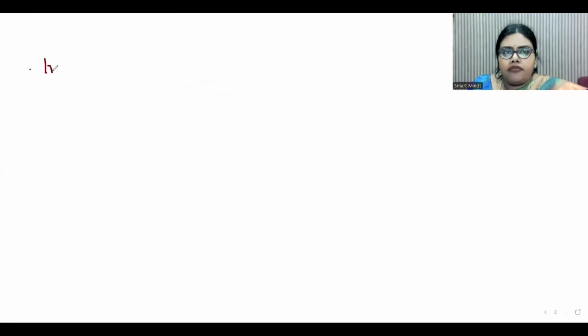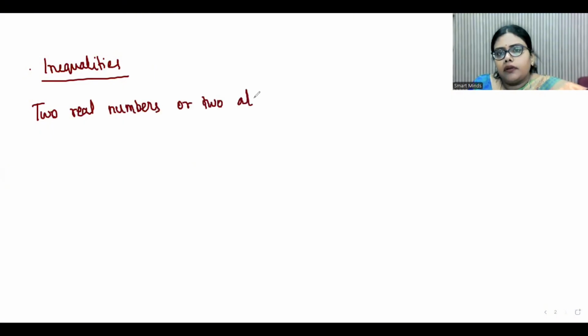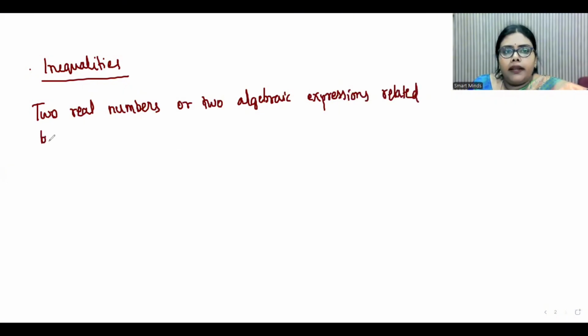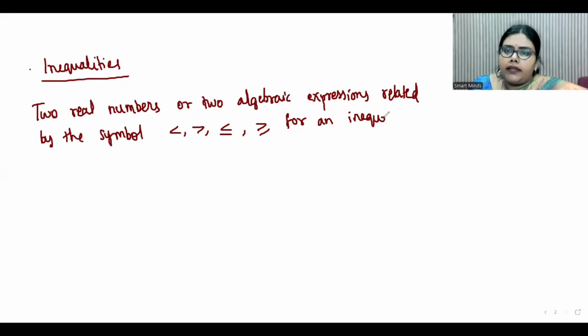So let me give you the definition for inequalities. Two real numbers or two algebraic expressions related by the symbol less than, greater than, less than or equal to, greater than or equal to form an inequality.